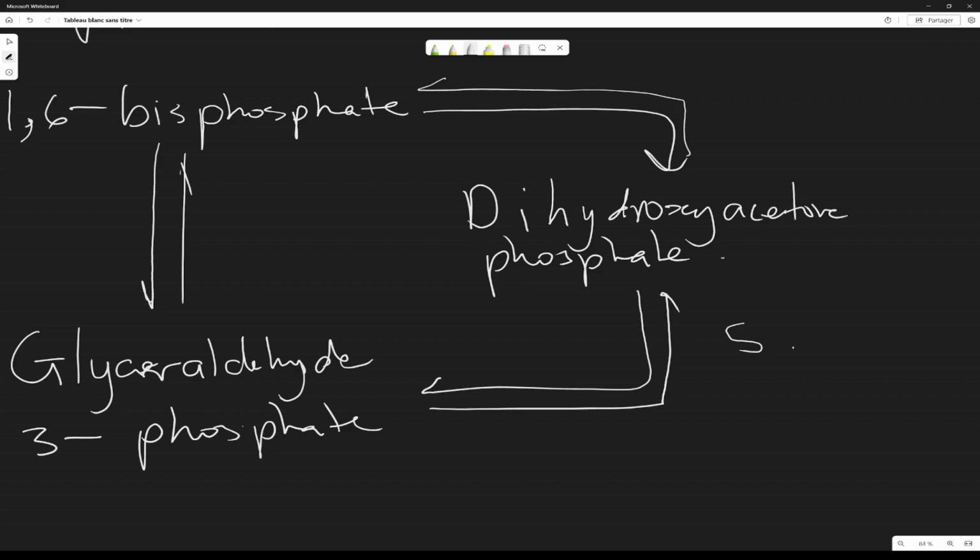Really simple. And this will actually be the end of the energy investment phase.